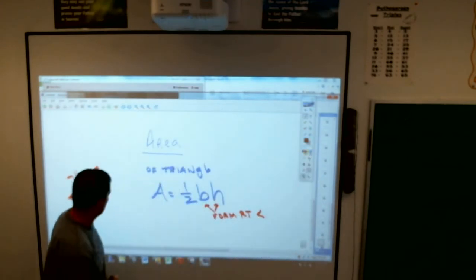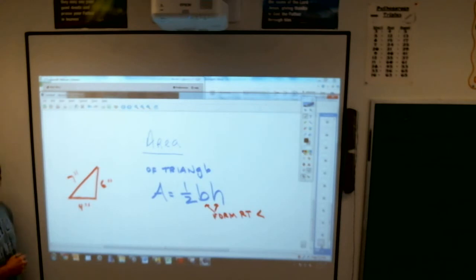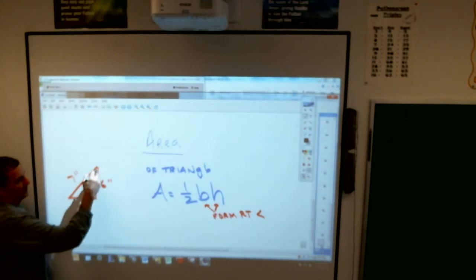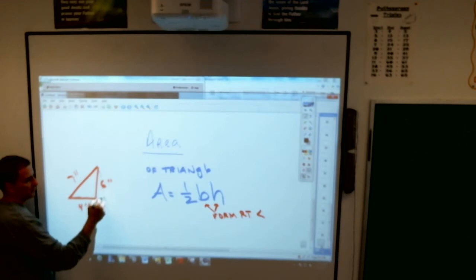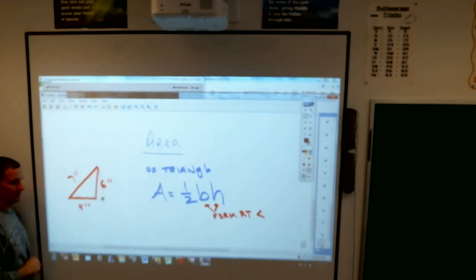So you are telling me that 4 and 6 form a right angle. Do you see a square in that corner of that triangle? No. So what two numbers do I multiply together? The correct answer, Wade Davis, is you can't until the book gives you one. They would drop a line straight down from this, extend this line here, and give you a nice little square corner somewhere on your paper.